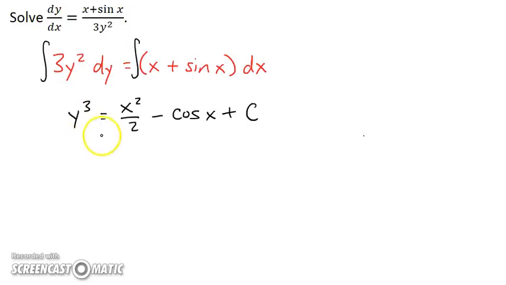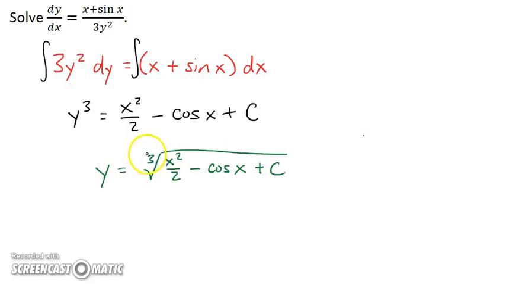And my trick to solve for y would be to take the cube root of each side. So y equals the cube root of x squared over 2 minus cosine of x plus c.